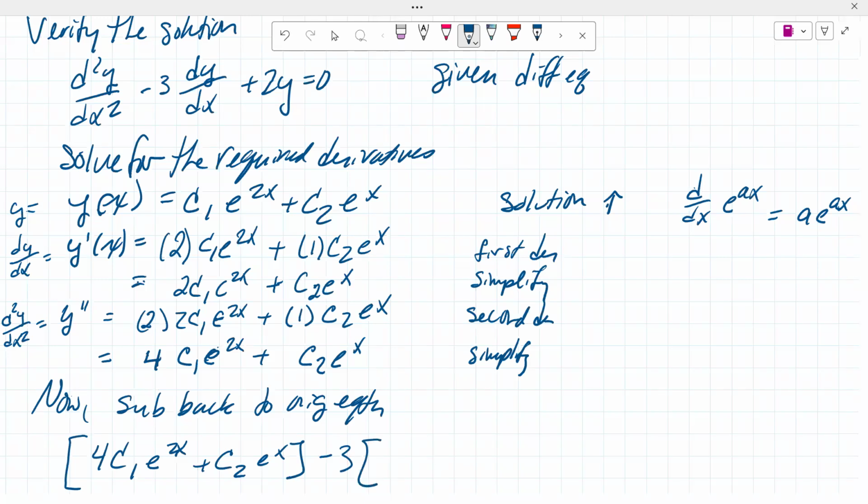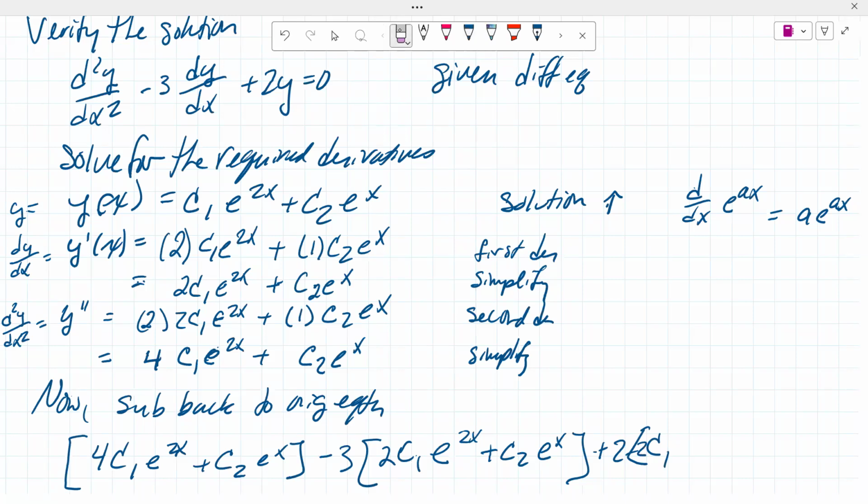Well, that's the y prime, which is 2c1e to the 2x plus c2e to the x. Great. And now it's plus 2 times y. Well, what was y? Y is this thing. C1, no, 2.